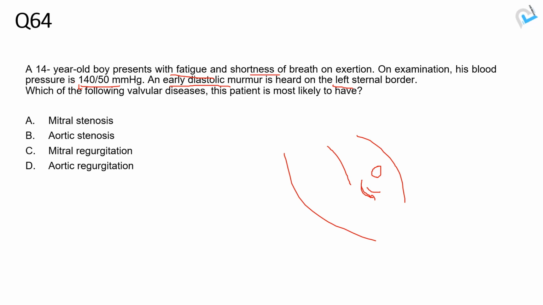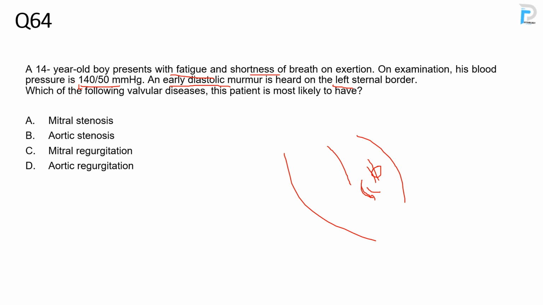It cannot be mitral stenosis, because in mitral stenosis the left ventricle is not filling with blood. So the blood that is ejected out will be less, and that would decrease the systolic pressure, not increase it.